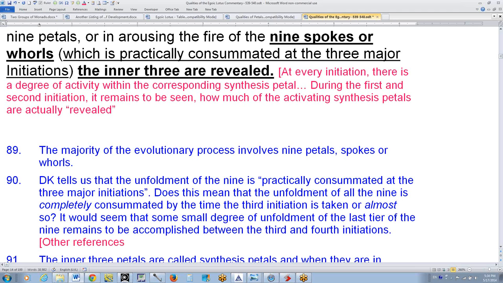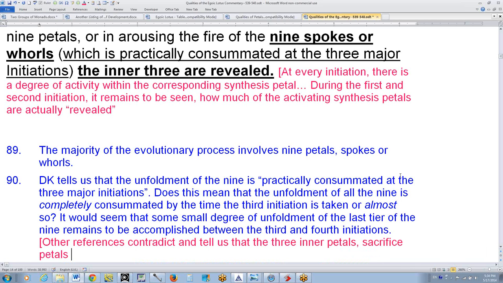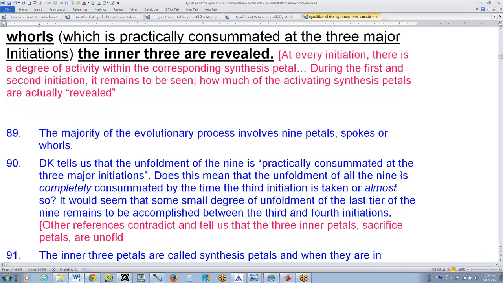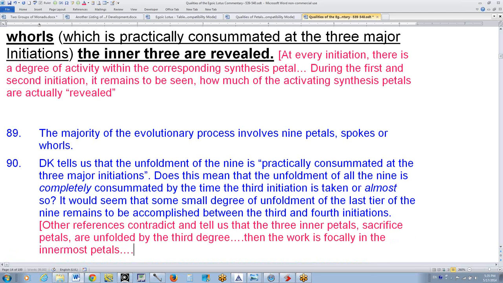Other references contradict and tell us that the 3 inner petals, sacrifice, are unfolded by the third degree, and then the work is focally on the innermost petals.